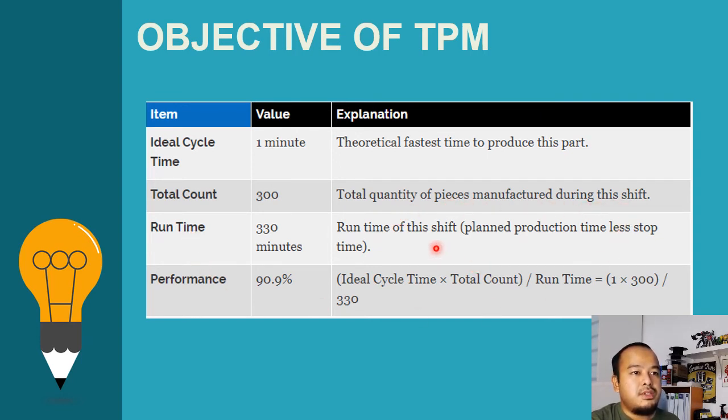Runtime of this shift is planned production time less stop time, for example 330 minutes. Then the performance calculation is ideal cycle time multiplied by total count divided by runtime. Using the data from before, you get 90.9%. This example helps you understand how to get the performance data.